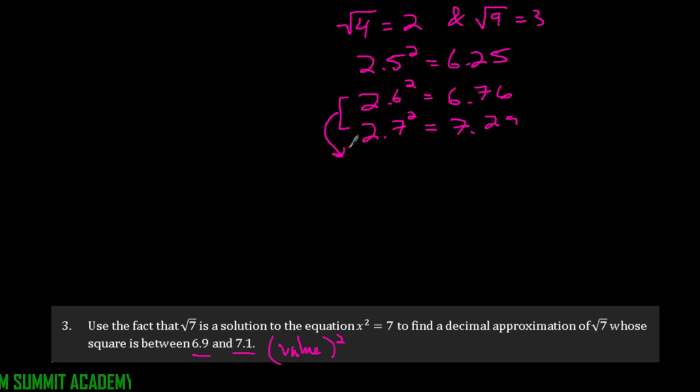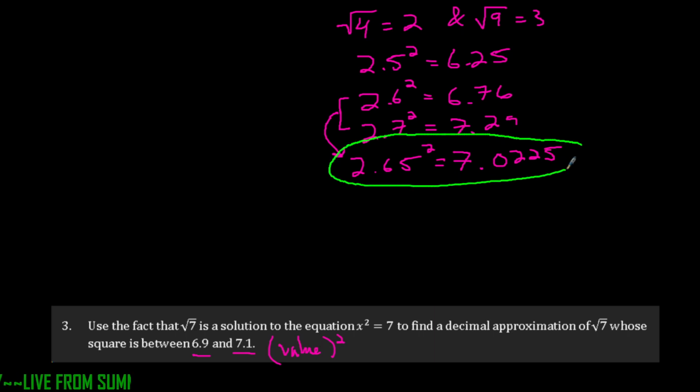Let's say 2.65 squared is equal to 7.0225. That's pretty close. That is in between those two, so right there is our approximation. So let's say the square root of 7 is approximately 2.65. That's close enough for what it's asking.